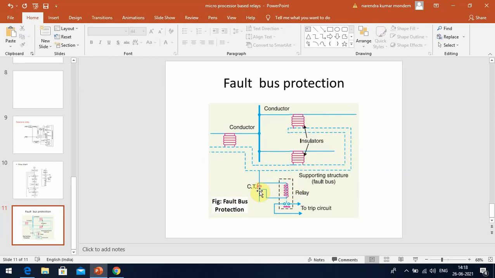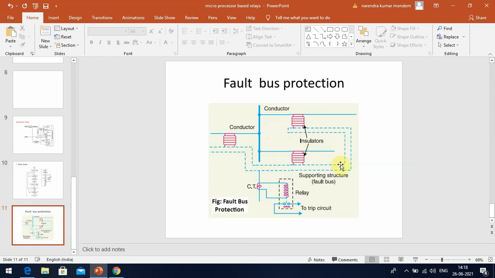Now when faults develop, they are mostly earth faults. So most of the faults are earth faults. This can be achieved, that is how we detect it, by providing an earth metal barrier. So this earth metal barrier surrounding the conductors or busbars is known as the fault bus.